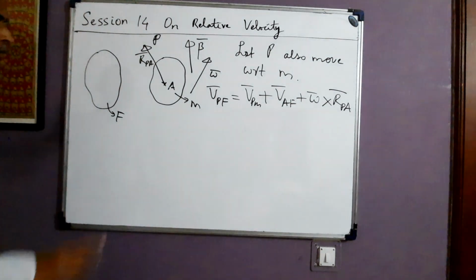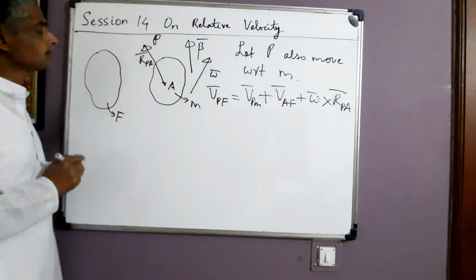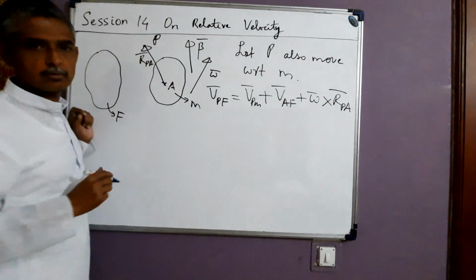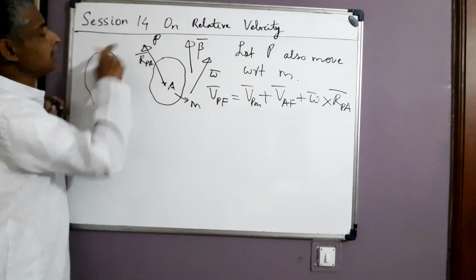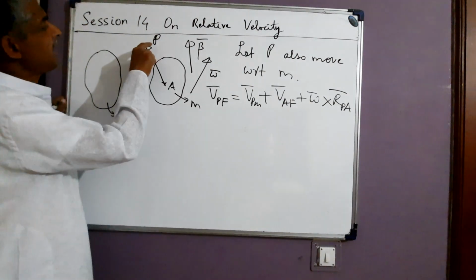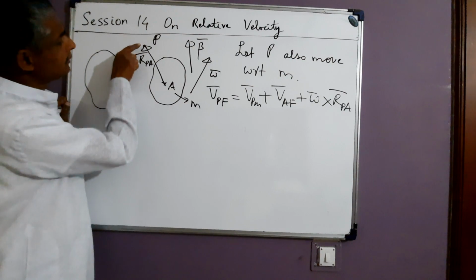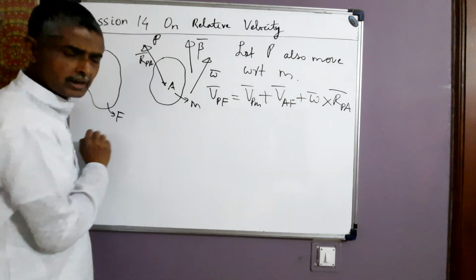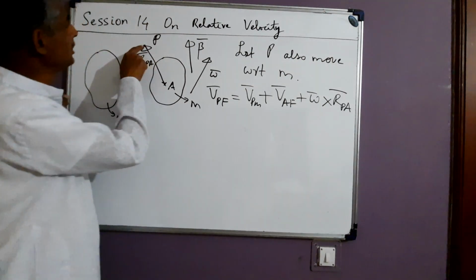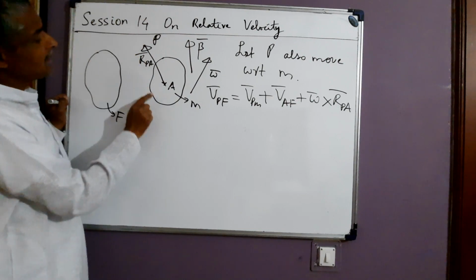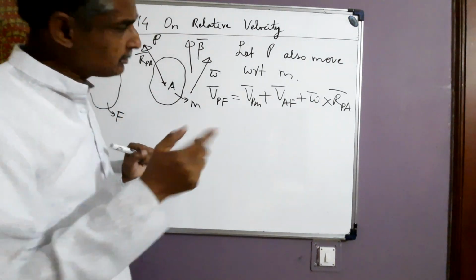Now I would like to tell one thing. See, point P is situated here. Point P may either coincide with one of the material points of M, that is its real location, or it may coincide with one of the imaginary locations of M. It can be either way.